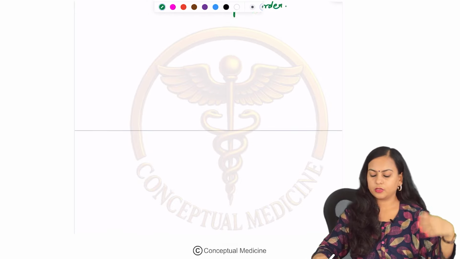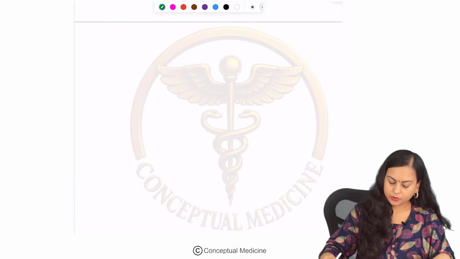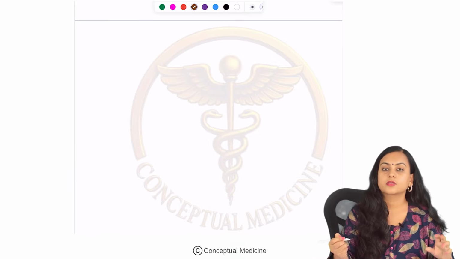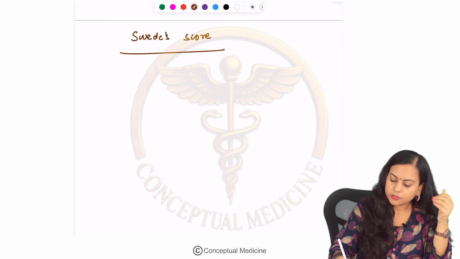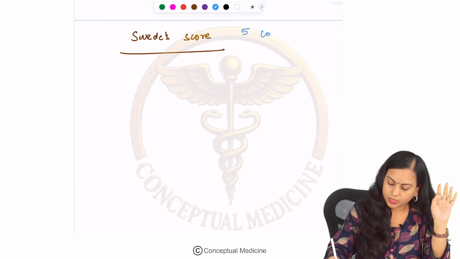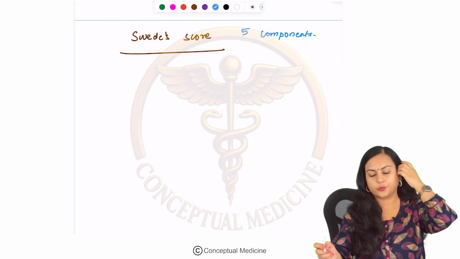Like that. And you have to know a score called the Swede score, which is used in colposcopy. Here we use 5 components to arrive at this score.